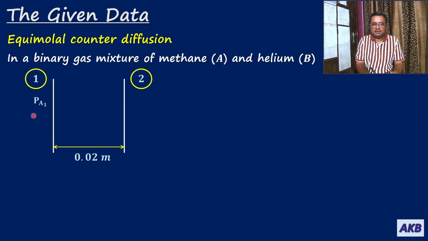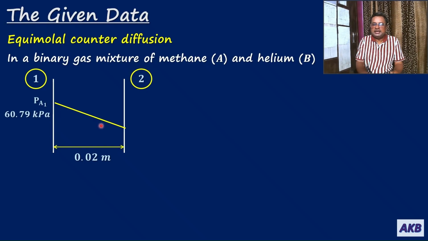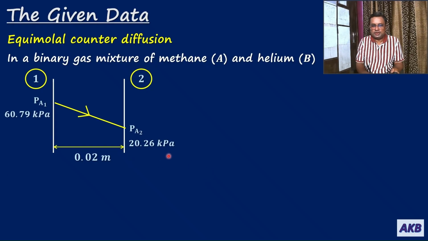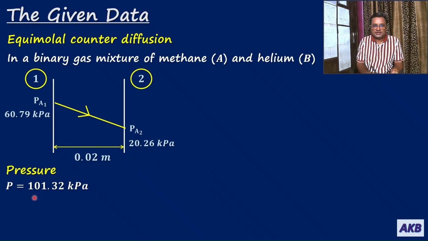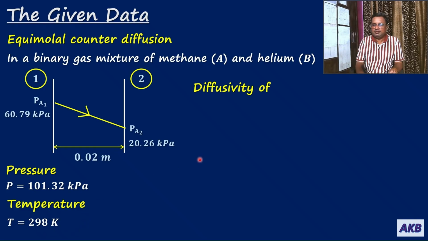At end 1, the partial pressure of A, that is methane, PA1, is 60.79 kilopascal. Methane will be diffusing from end 1 to end 2, and at end 2 its partial pressure PA2 is 20.26 kilopascal. The total pressure is 101.32 kilopascal.